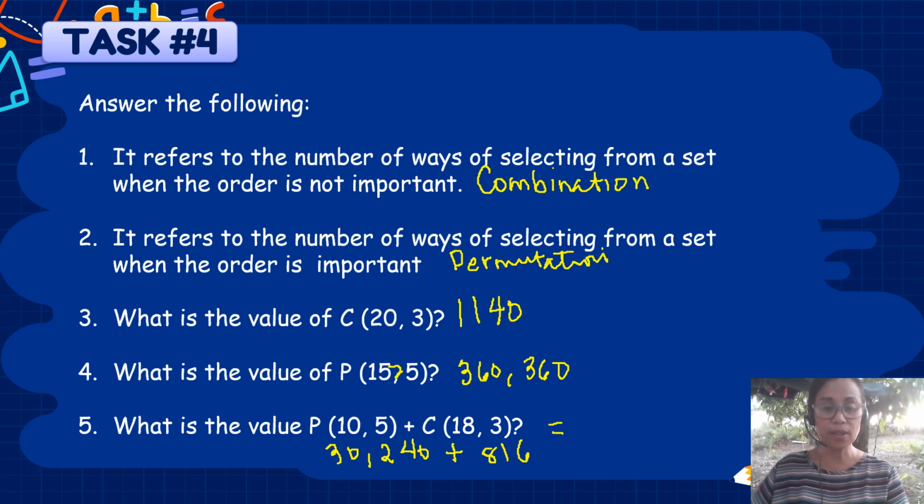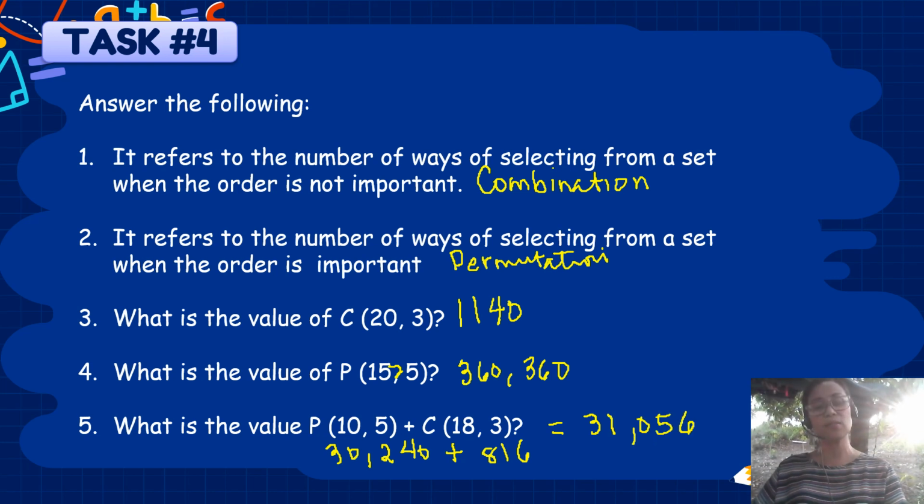Then we add together 816 plus 30,240. We get a value of 31,056. So this is the answer for task number 4.